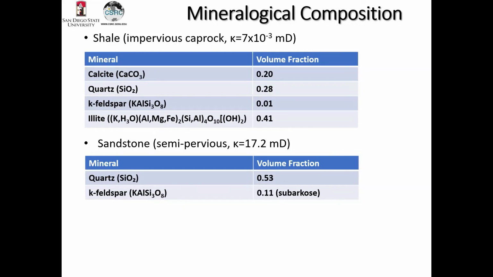To set up a simulation, you have to define what the mineral composition is. So we have two layers in our simulation. We have a shale layer, which is a low permeability rock, right, to contain the CO2 you're injecting. And then we have a more porous rock, which is sandstone. And you inject into the sandstone. Okay, so these are the configurations.